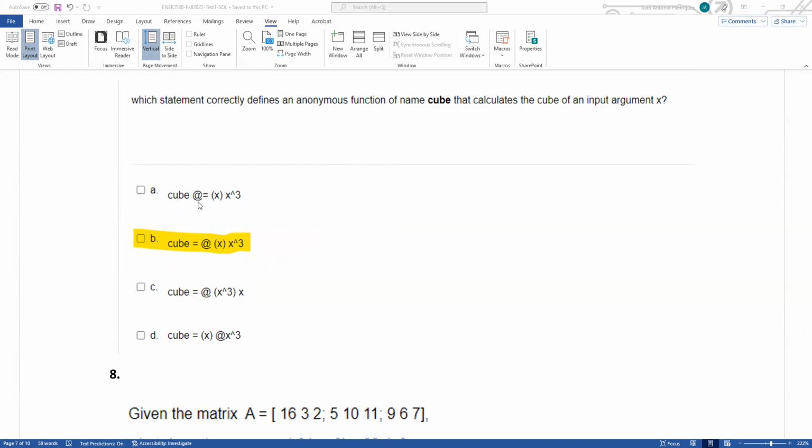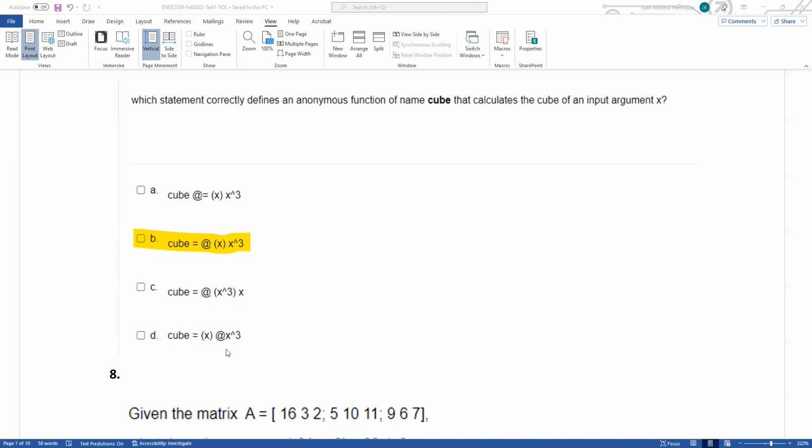So here, equal sign. So right here, this is wrongly formatted because the at symbol is not in the right place. Now, this choice here, C, has the symbol at the correct location, but the argument is in the wrong place. The argument should follow the at symbol here.